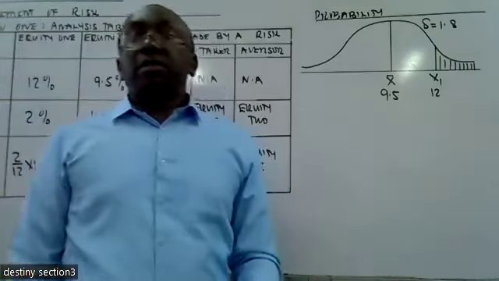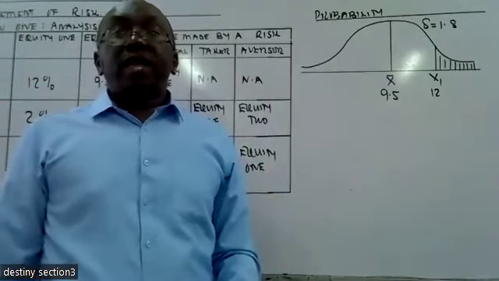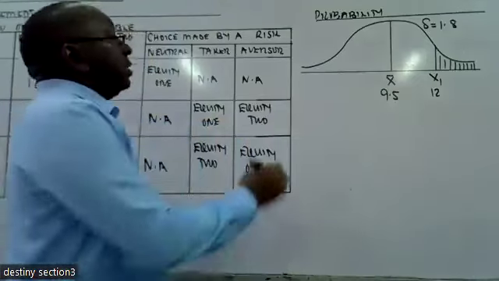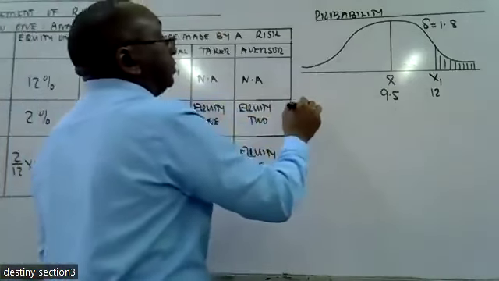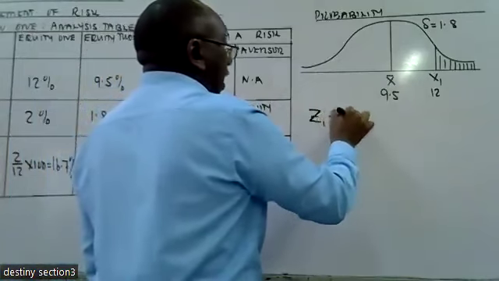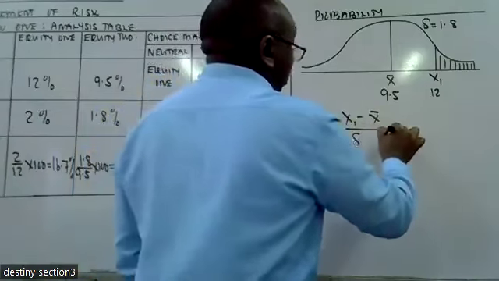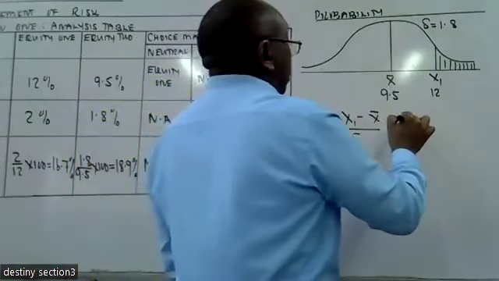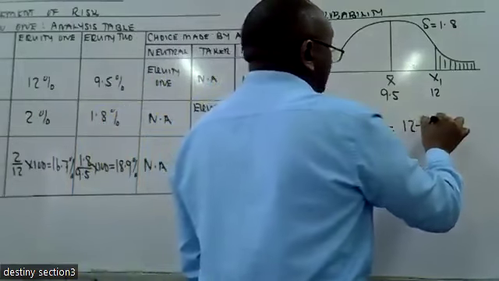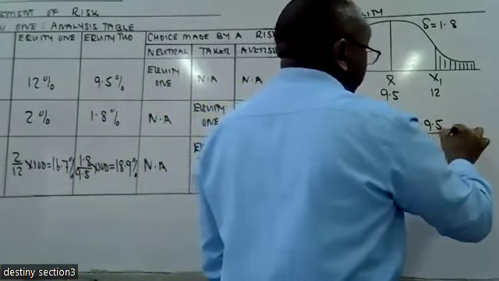So Z1 will be x1 minus x bar, divided by the standard deviation. This will be 12 minus 9.5, divided by 1.8.